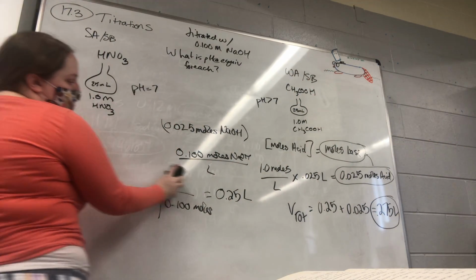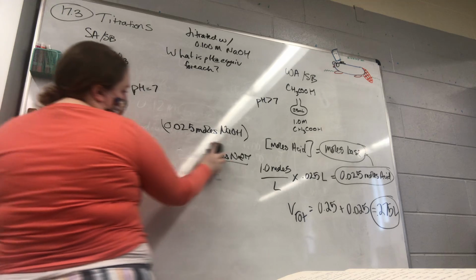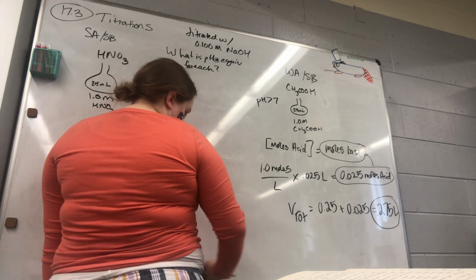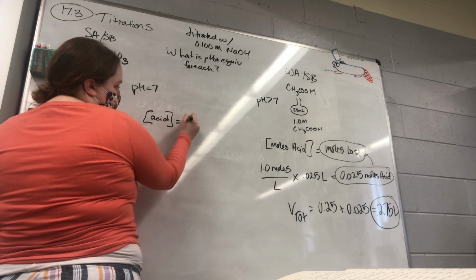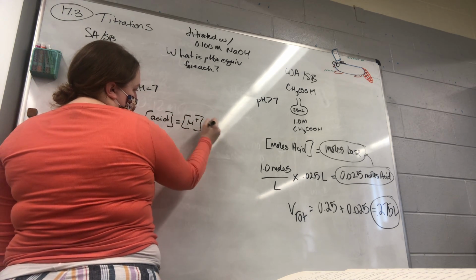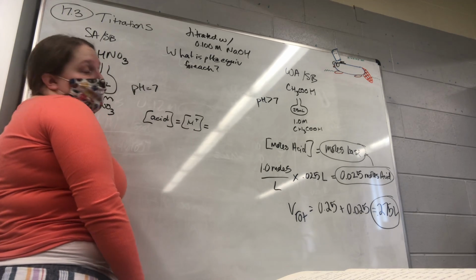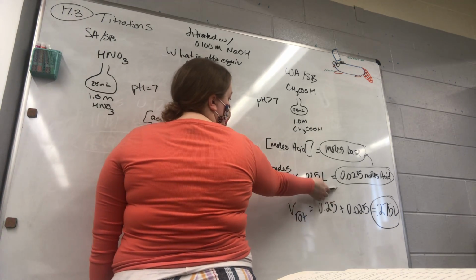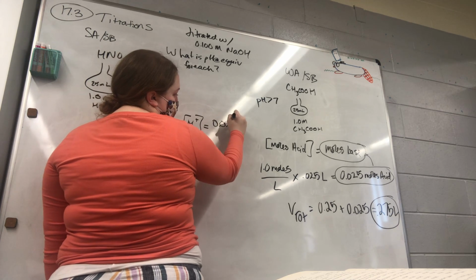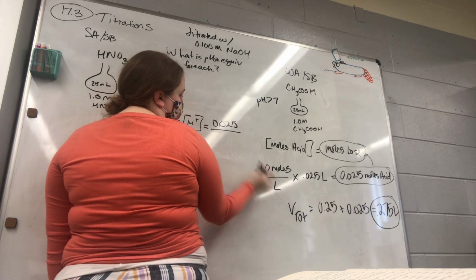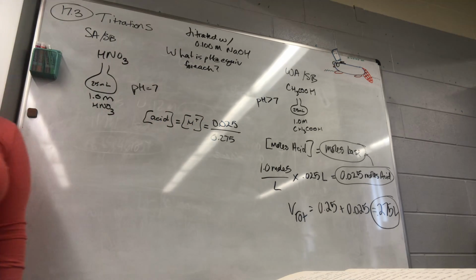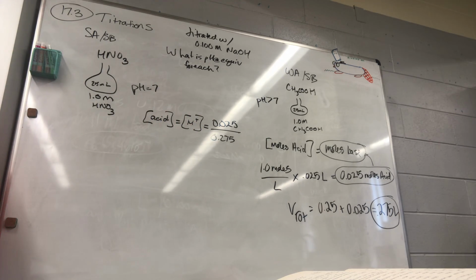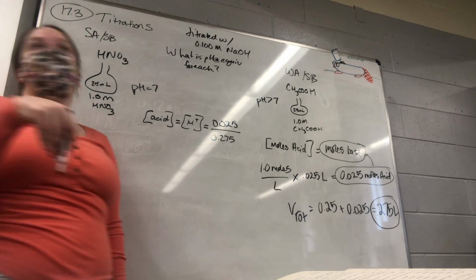What's the concentration of the acid then? Do I have moles? Do I have volume? You did this in lab, guys. You did this exact calculation in lab to figure out what the pH at equivalence was.